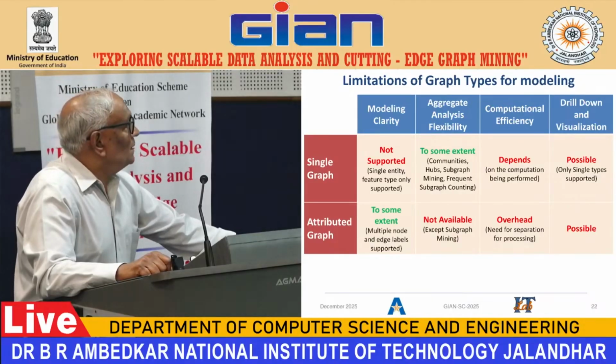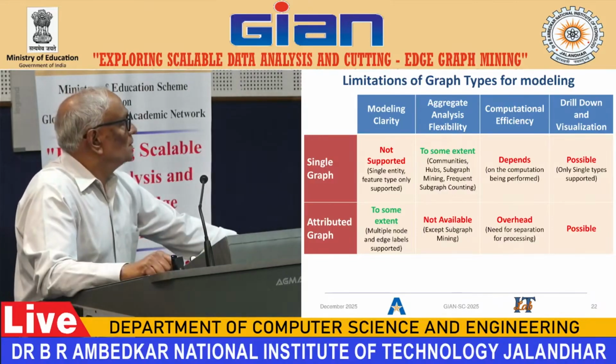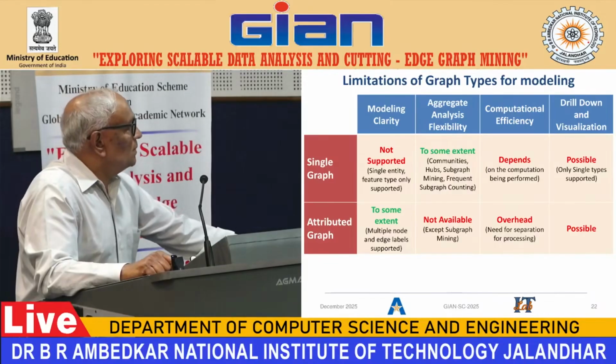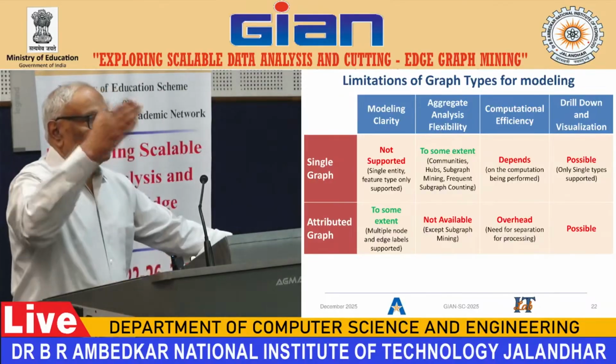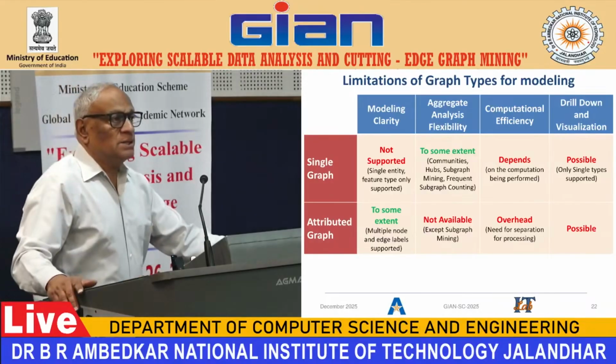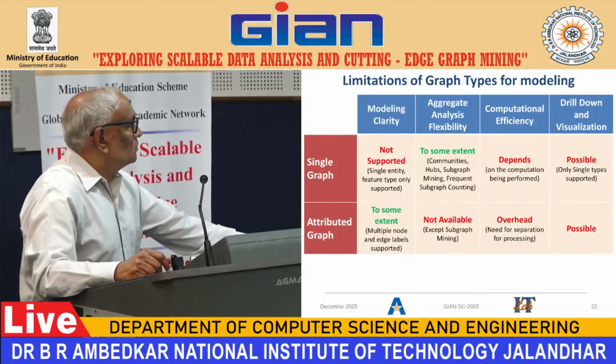So modeling clarity, it doesn't support a lot of things, multiple relationships. Aggregate analysis flexibility to some extent because you can do subgraph counting. Computational efficiency depends on the computation being performed. Different algorithms have different computational complexity, and drill down and visualization is possible.